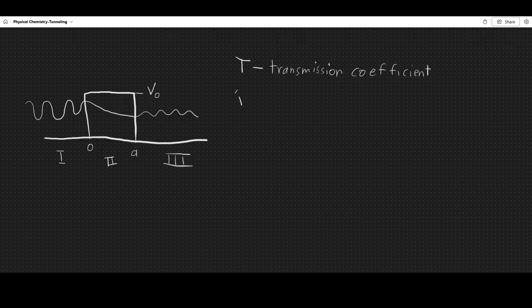So first, we have region 1. In region 1, we can assume that there's no potential here, right? We only have the potential in this box. So you can treat this part as the same thing as a free particle in 1D.